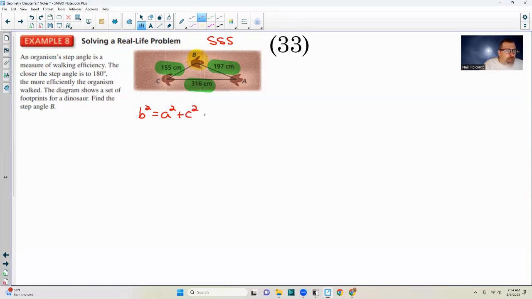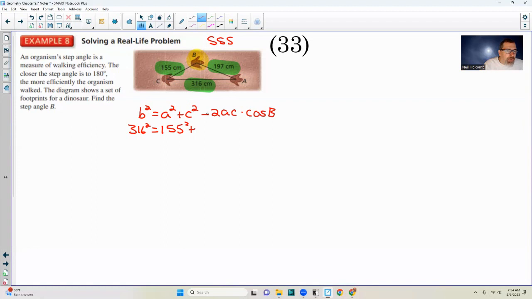Okay, and then it's going to be minus 2 times this side and this side, which is a and c repeated, times the cosine of the angle you're looking for. So b squared, 316 squared, equals a squared, which is opposite a, 155 squared, plus c squared.